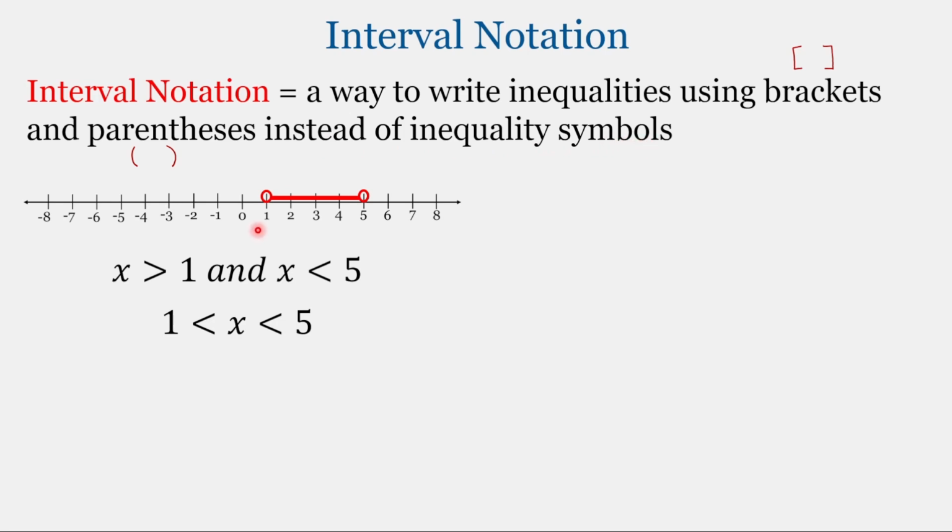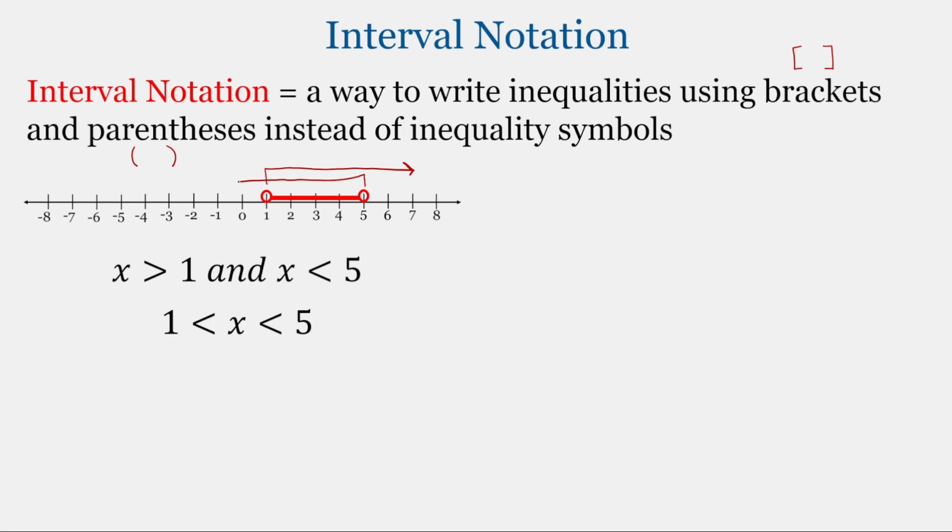So in this first example, we have the graph of the compound inequality, x greater than 1 and x less than 5. So with x greater than 1, we have all the numbers greater than 1. So that goes from 1 to infinity. And it does not include the number 1. Then with x less than 5, we have all the numbers less than 5.